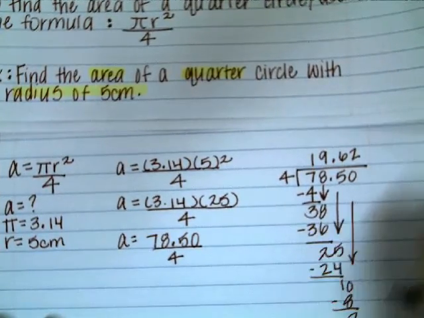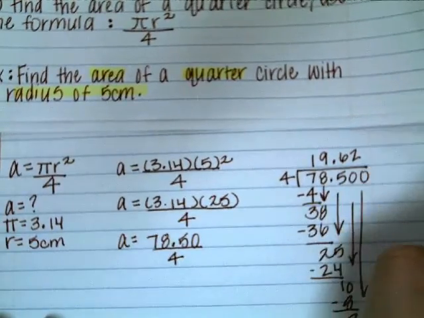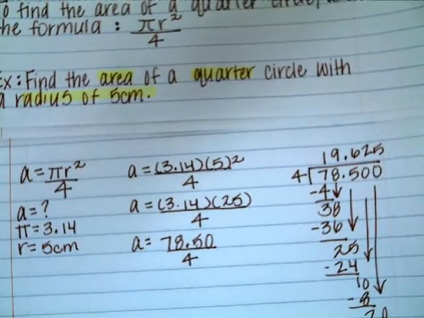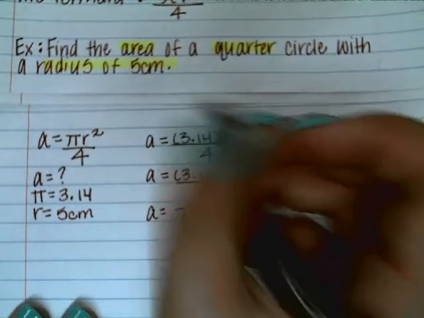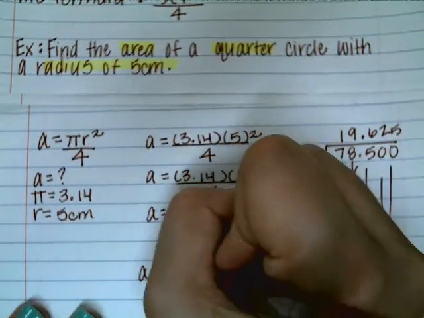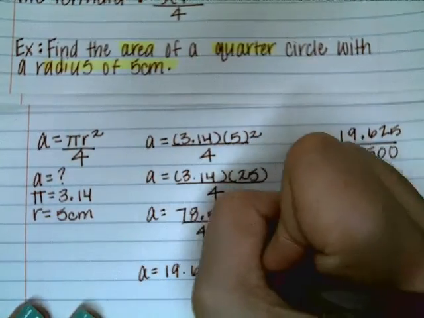When we run out of numbers, we add a 0 and carry it down. And then 4 can go into 20 5 times. So the area for our quarter circle is A equals 19.625 centimeters squared.